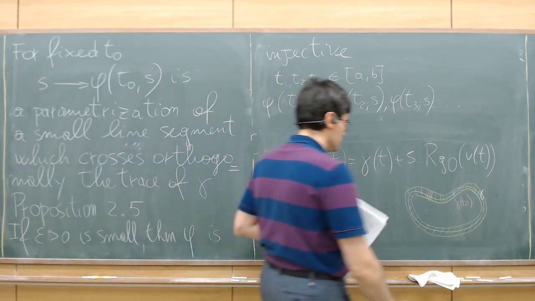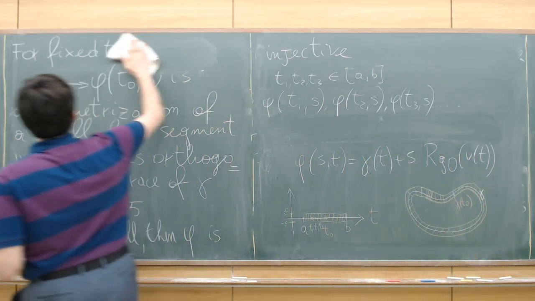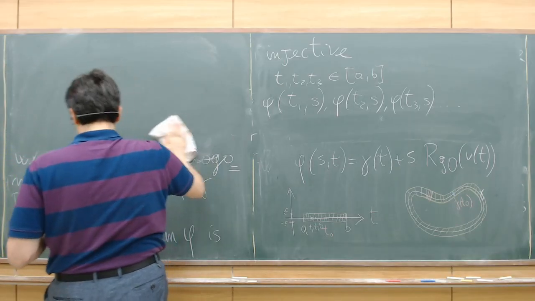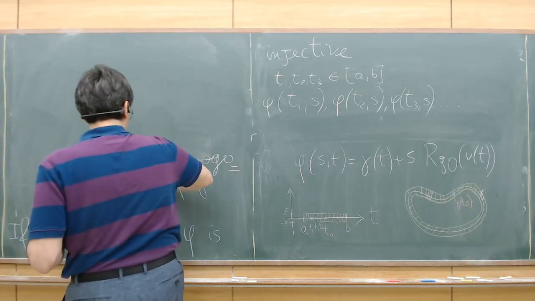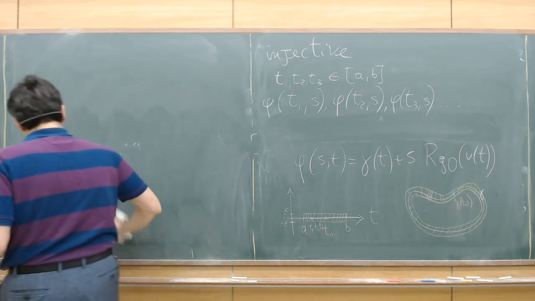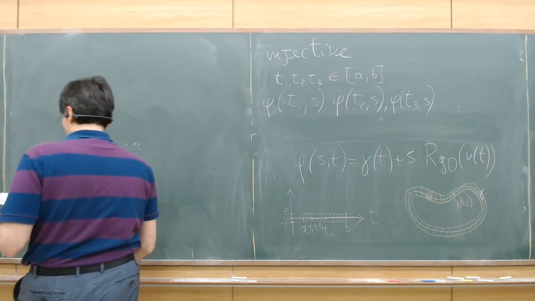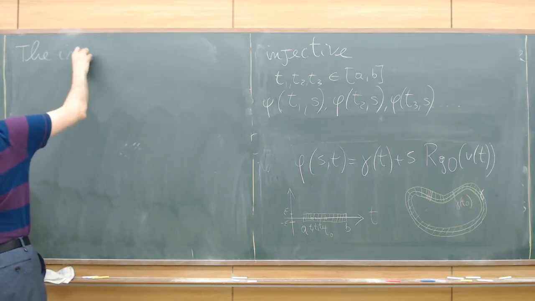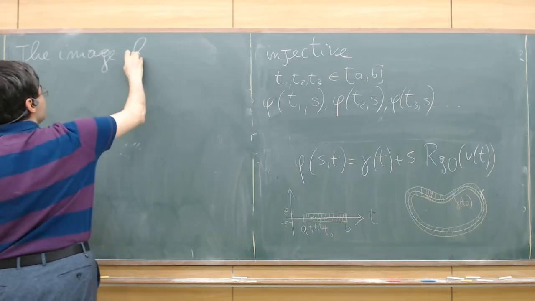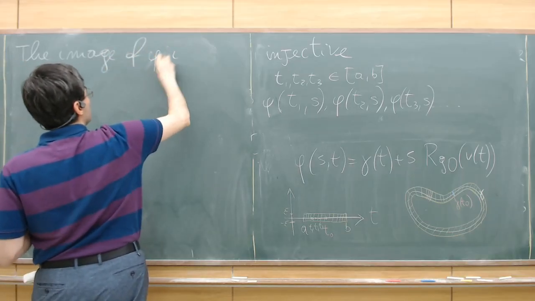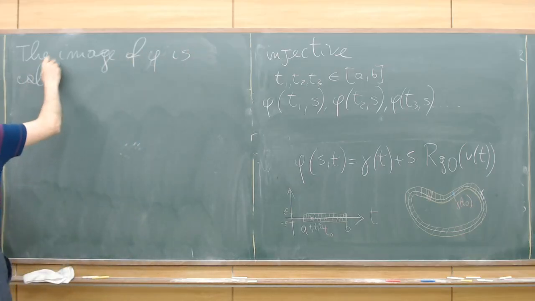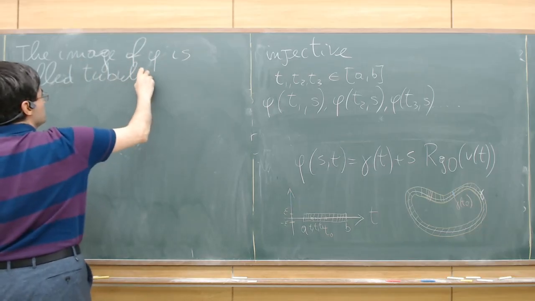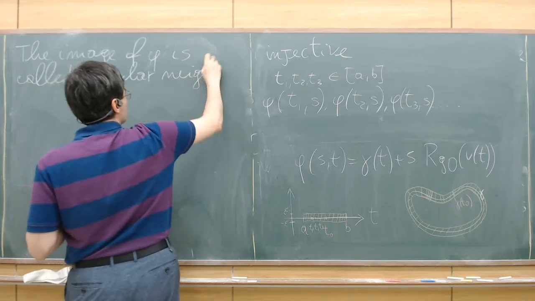So as I already told you, the image of phi is what we call the tubular neighborhood.